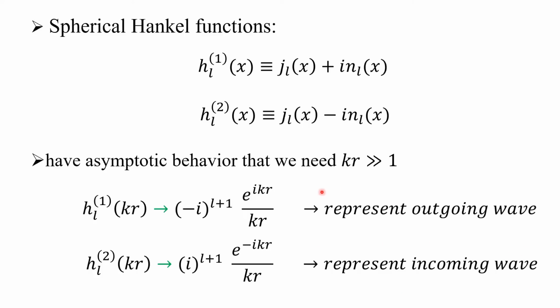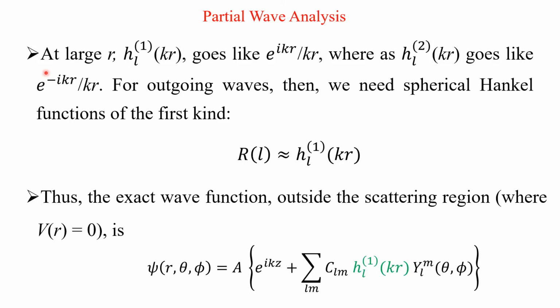Now we are particular about the outgoing wave, that is the Hankel function of first kind. At large r, the Hankel function of kind 1, h_l^(1)(kr), goes like e^(ikr)/kr, whereas the Hankel function of kind 2 goes like e^(-ikr)/kr.